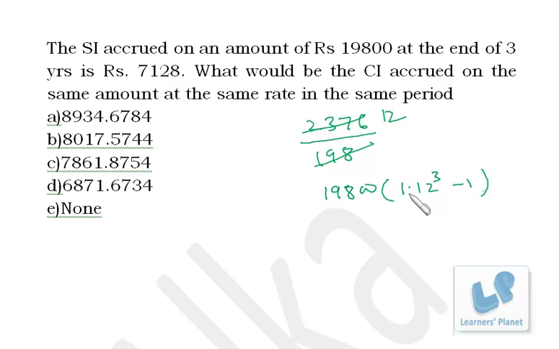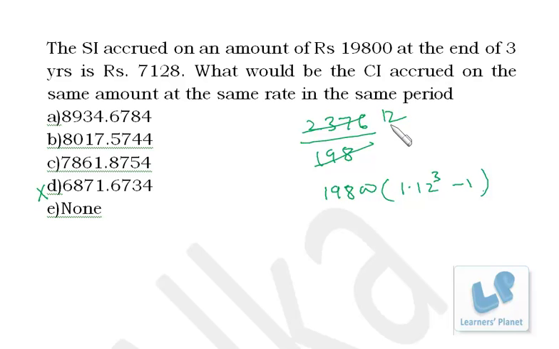Just listen to me carefully. See, simple interest is this. That means compound interest should definitely be more than that. So we eliminate this option. Now apart from that, the per annum interest is 2376. Just listen to me carefully. After that you need to practice with such methods, right? See, per annum 2376 is the simple interest, right? Now what is happening over here? The rate of interest we have already calculated.